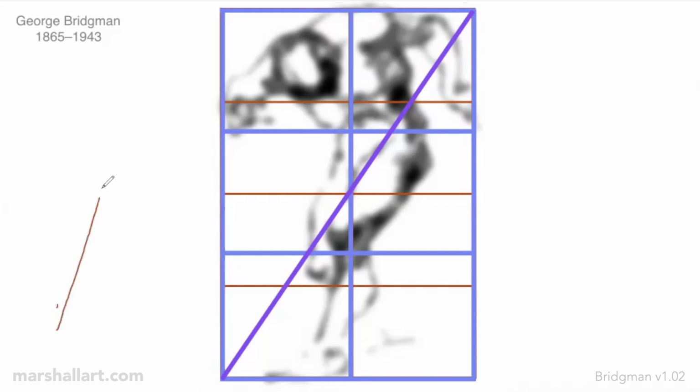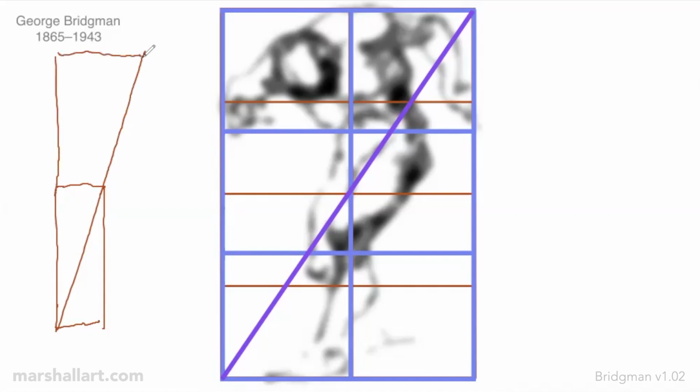If I start with a line like that and then run a vertical down and a vertical down and a horizontal across and a horizontal across, no matter where this goes, no matter how high you bring it up, if you stick with those right angle divisions, this will always be the same proportion rectangle. You do a little short one down there, they will always be the same aspect ratio.